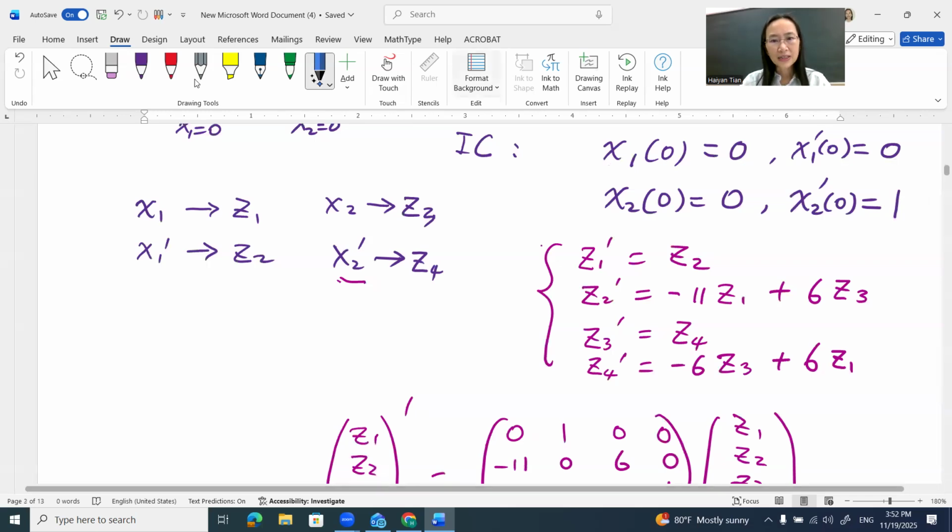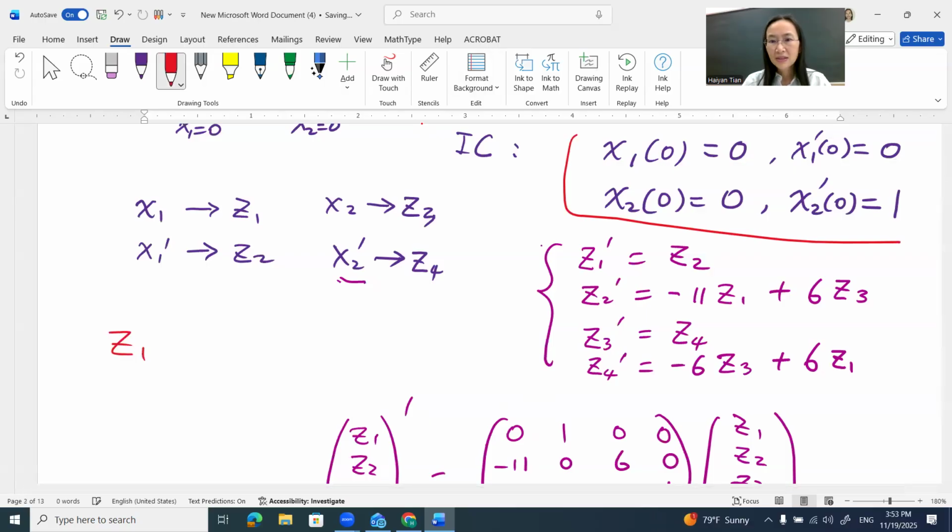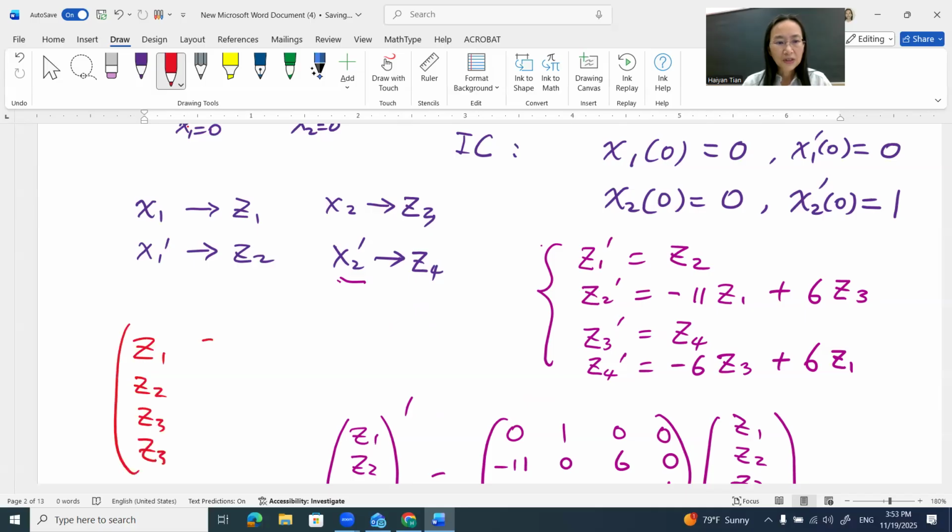So this initial condition here means that Z1 when time is 0 should be 0, right? So we know this is Z1, Z2, Z3, Z4. Actually we know that Z1, Z2, Z3, Z4 will be respectively 0, 0, 0, 1. So that's our Z1, Z2, Z3, Z4 for the system of first order.